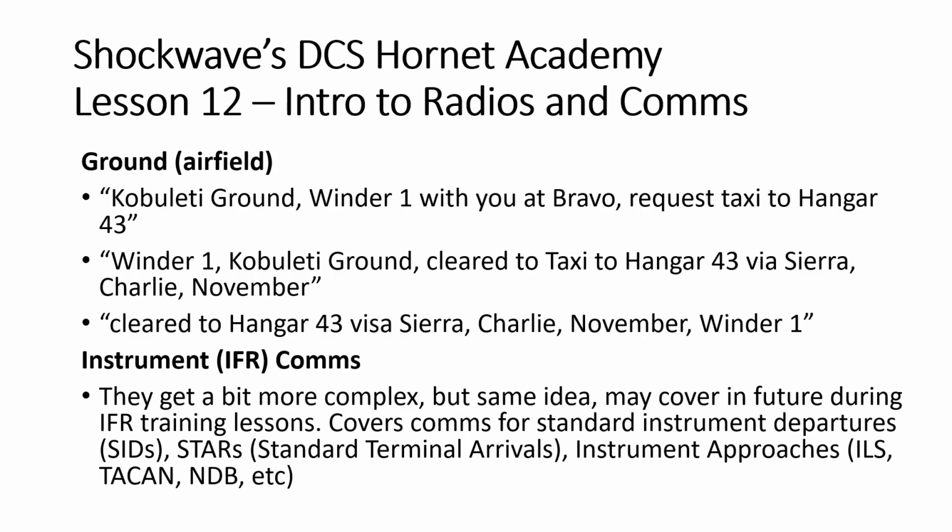Once you're on ground, you say "Cobble Lady ground, Winder 1 with you at Bravo," or whatever taxiway you're on, "request taxi to hangar 43," for example. And they'll come back and say "Clear to taxi to hangar 43 via Sierra Charlie November." And then you repeat that. That's your instructions on which taxiways to take to that hangar.